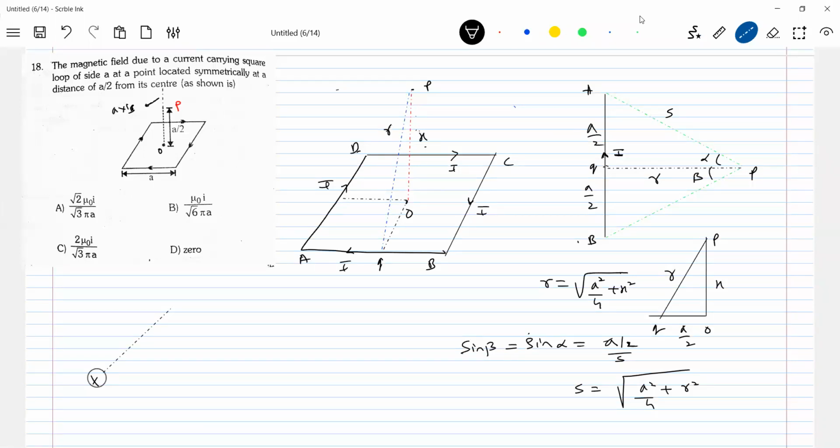I'm asking you, you stand here, so this will be the point P. This is R, and this is O. This should be A by 2, this is X. So the field due to this should be downward. This is due to wire AB.